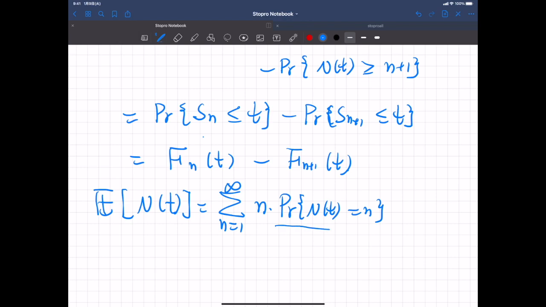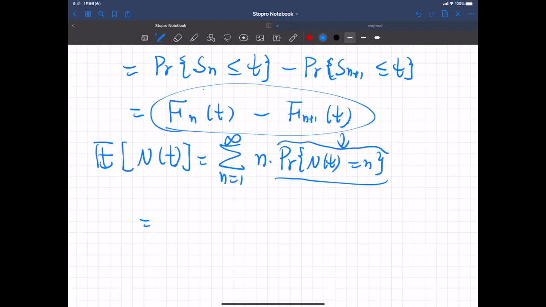Then we substitute this expression here. Then we have Fn of t minus Fn plus 1 of t.